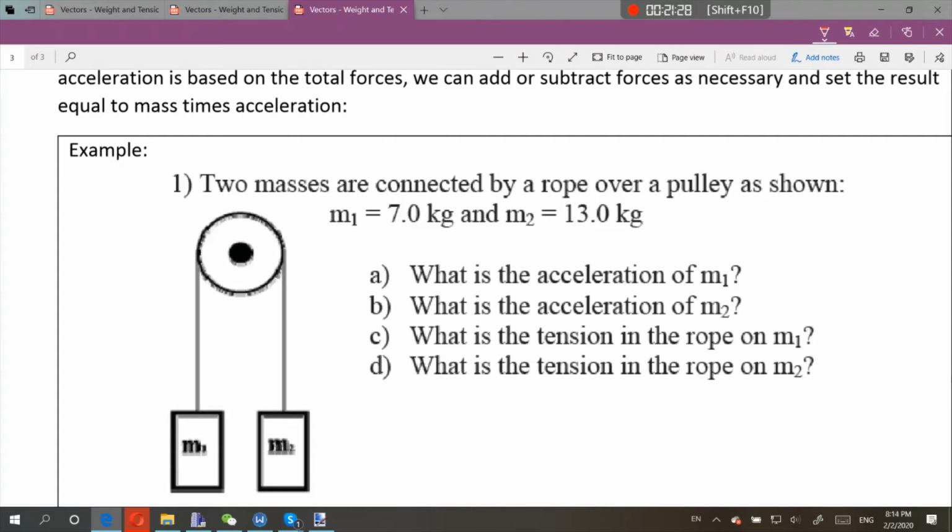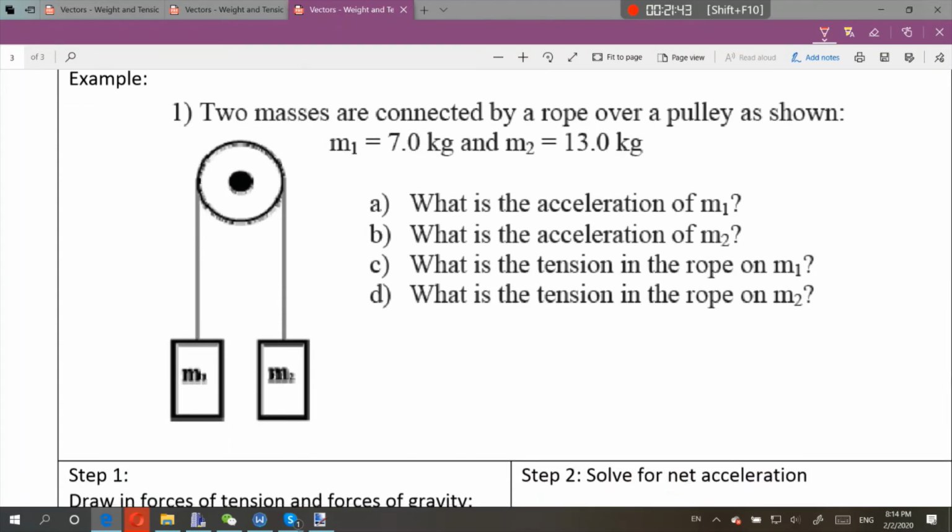If that means nothing to you, you haven't taken a physics course, that's okay. But what that means for us is the same net force that's acting on this system is going to cause it to move. So that means the total acceleration of this system, because our masses are connected, is going to be the same.